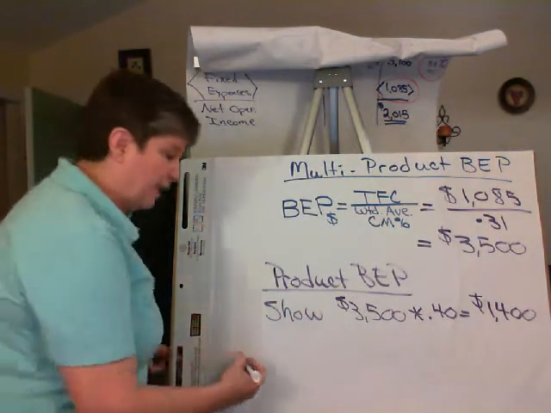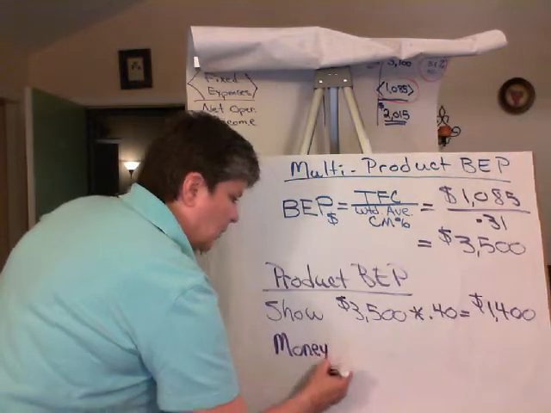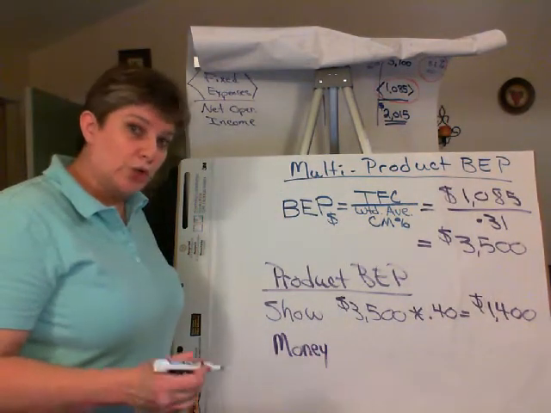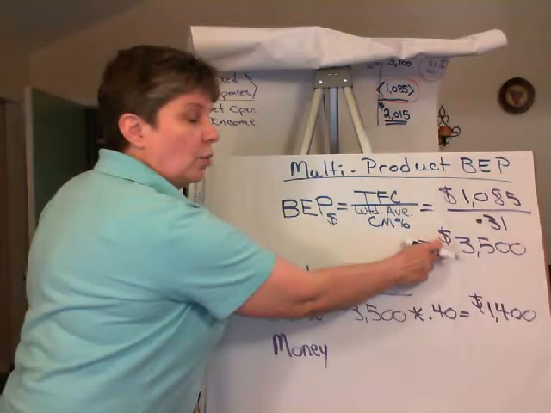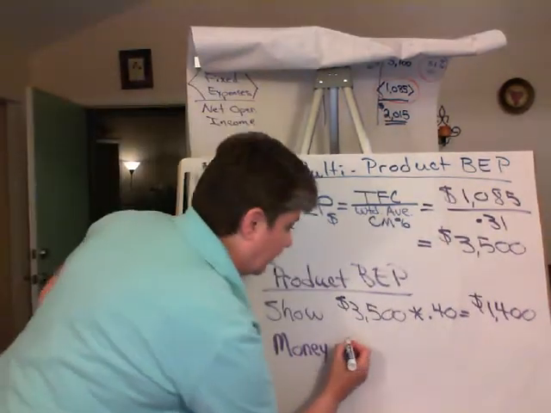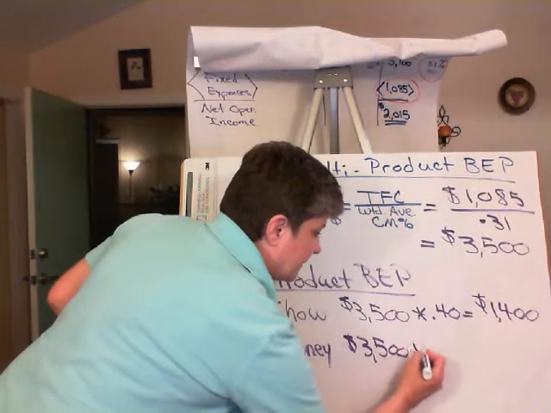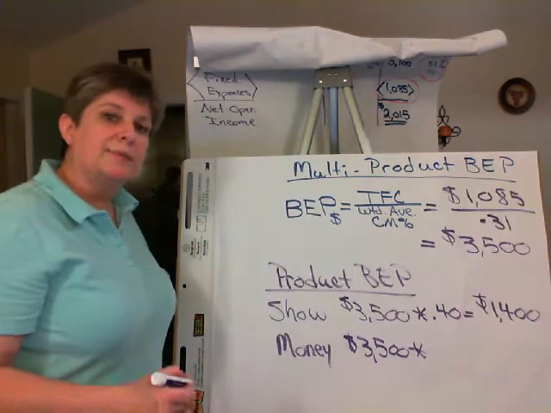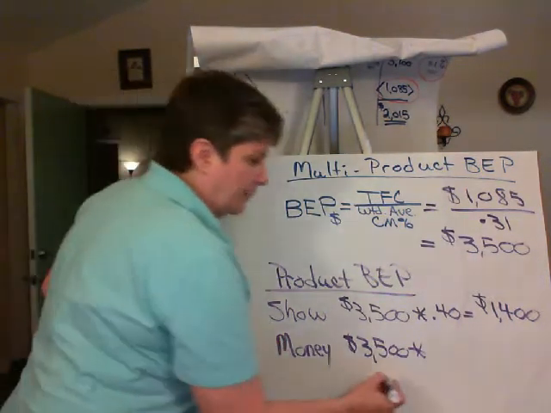And we'll do the same thing for Money. Money's proportion of total sales was 60%, so we take the same total company break-even sales of 3,500 and multiply that times the 60% proportion of total sales represented by Money.